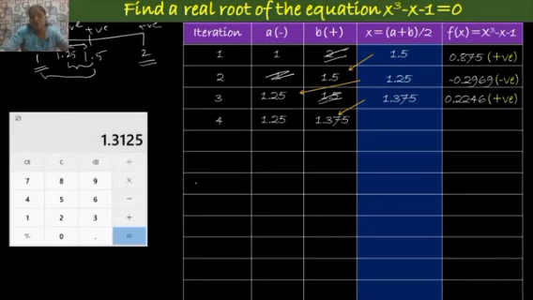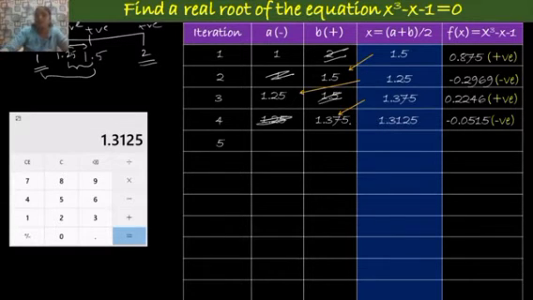At this point the function takes a value of minus 0.0515. This is a negative value. Since it is negative, you have to replace the value 1.25 by 1.3125, isn't it?